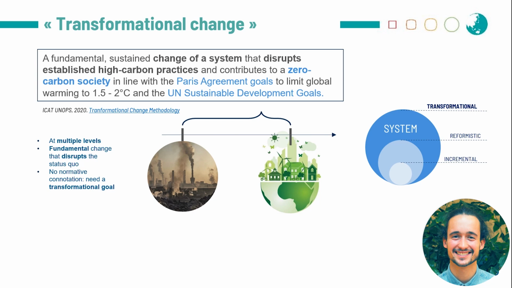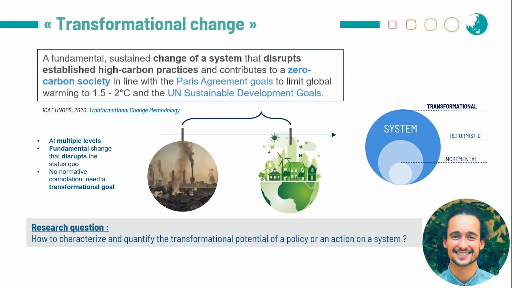Here we followed the transformational change methodology from the ICAT, as Karen defined, which focuses on reaching Paris Agreement goals, so in terms of climate objective, and more broadly to be aligned with the UN Sustainable Development Goals. So our research question here was how to characterize and quantify the potential of a policy or an action on a system to reach a transformational change.